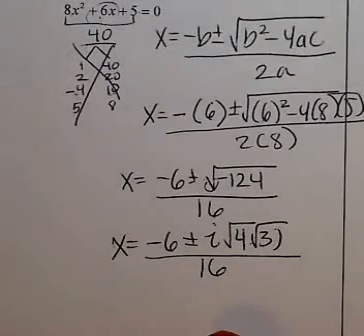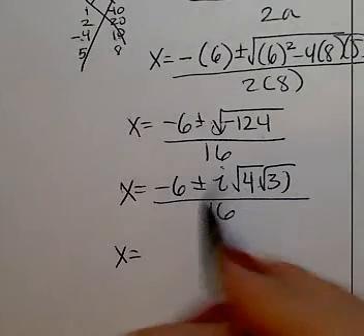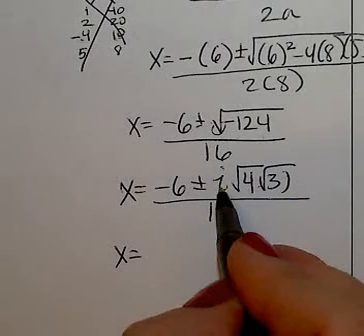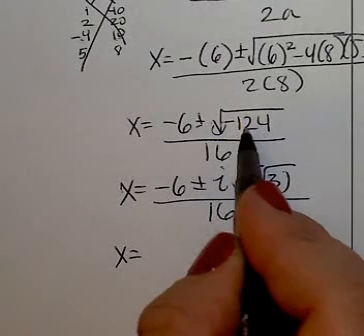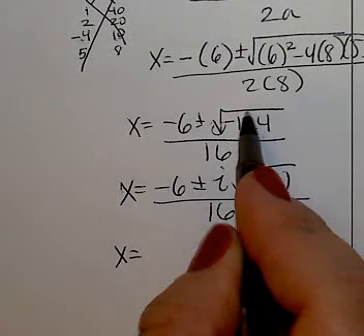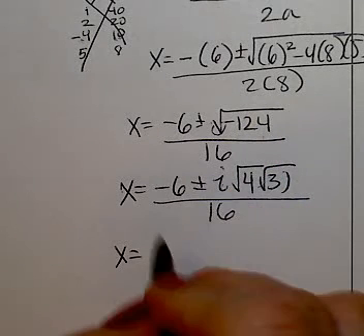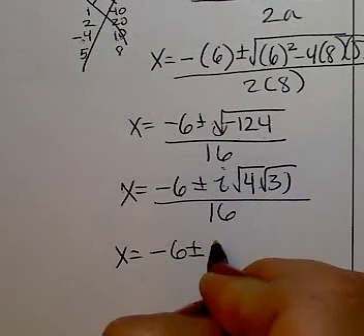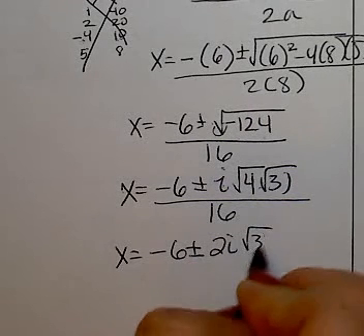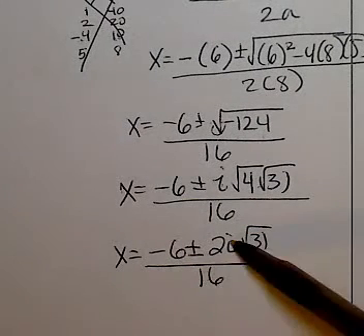And now we are continuing to reduce this. So this is a complex number. It has an i, and that's because the discriminant, the radicand of the square root, was negative. That's what led to this becoming a complex number. Square root of 4 is 2. And now you have to ask yourself, does 16 reduce with both of these numbers? It does.